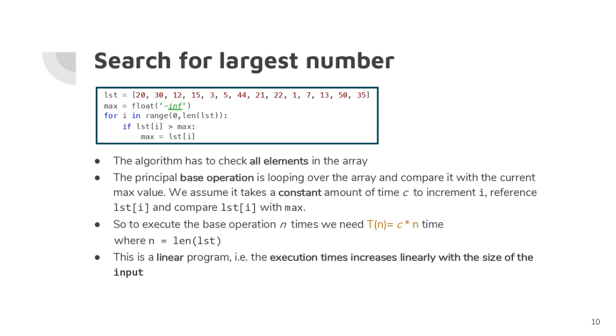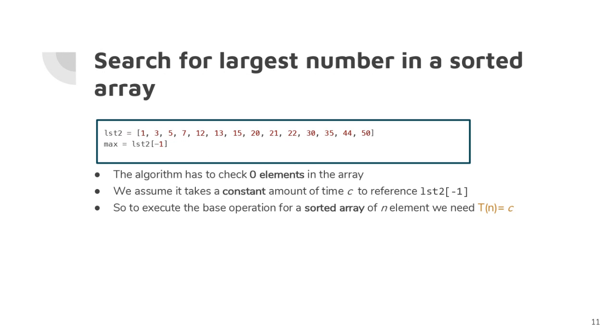That means if you can find the maximum in a list of 1,000 elements and it takes 1 second, then a list of 1,000,000 elements takes 1,000 seconds. So a linear program is okay. But we will see later on that we can do this much more efficiently. Later, and I mean here on these slides.